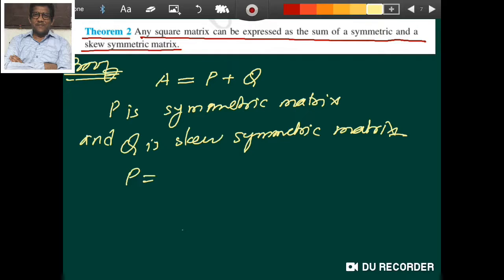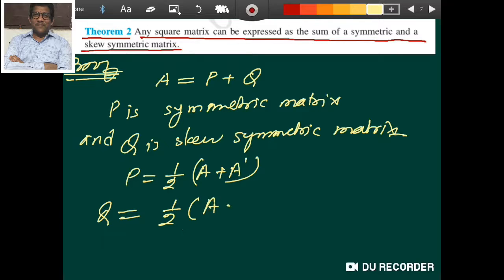P is equal to half of A plus A dash and Q is equal to half of A minus A dash.